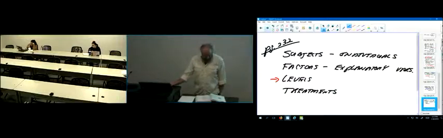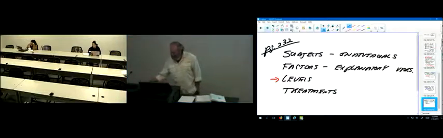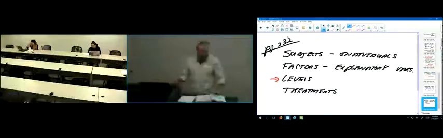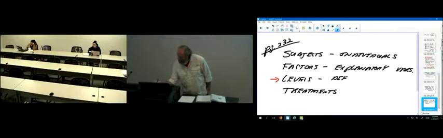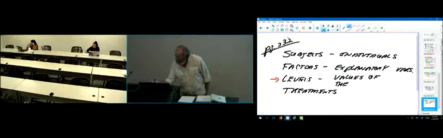Okay? And then, when I think of levels, and this is not in the little box here on page 232, the levels, I'm just going to say it like this, are the different values of the explanatory variable, or of the factors, however I need to use that term.